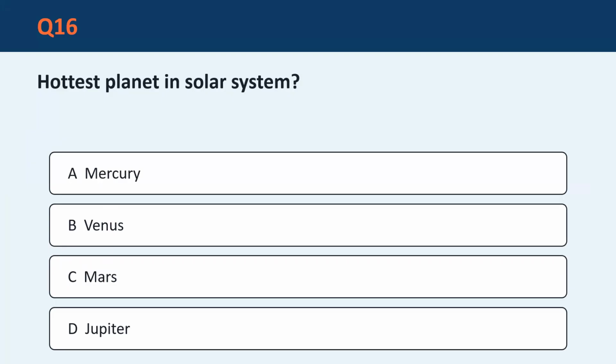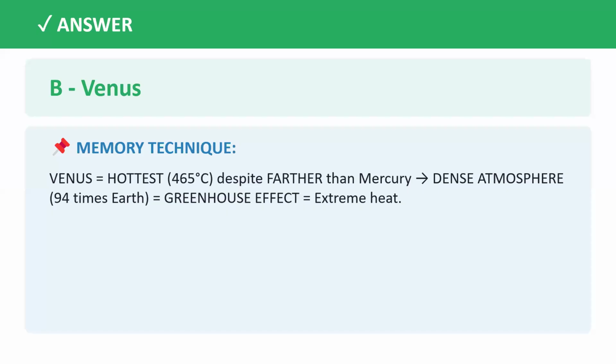And the correct answer is Venus. Most people think the answer is Mercury because it is located near the sun. But it's not like that. Venus is the hottest planet in our solar system despite being farther than Mercury.